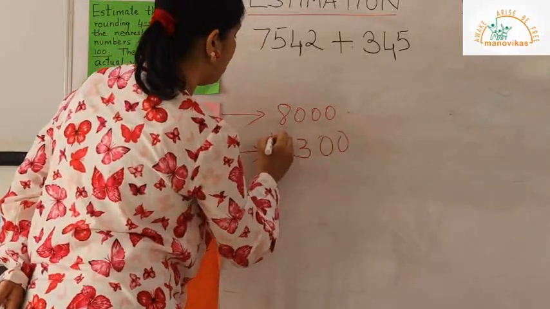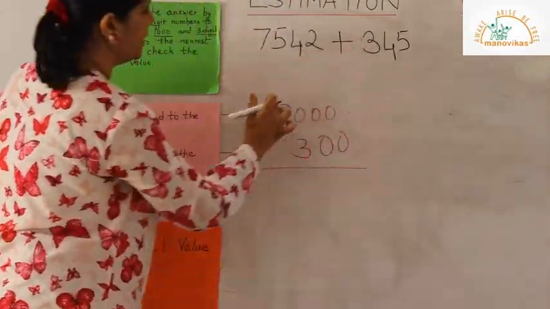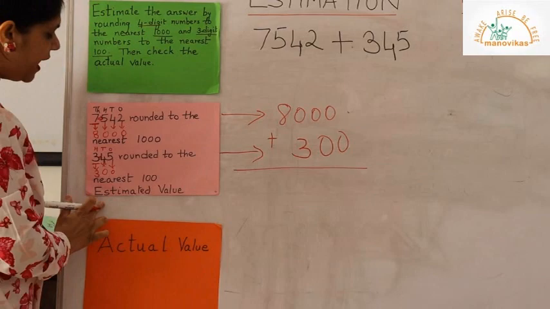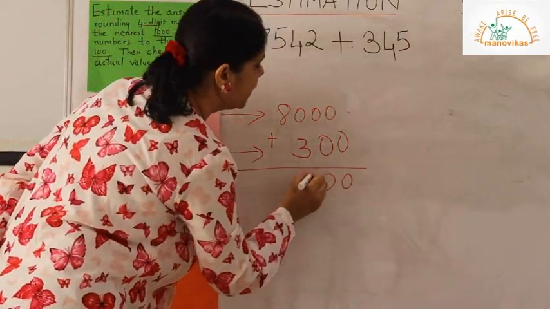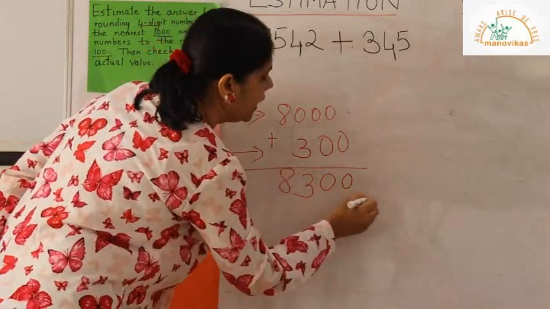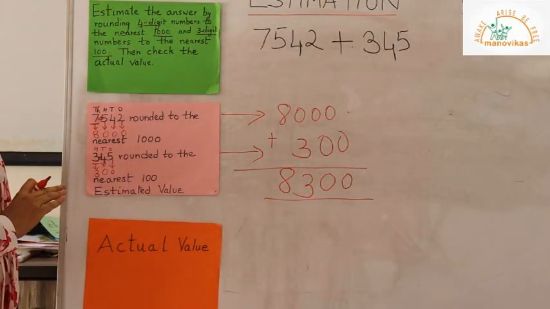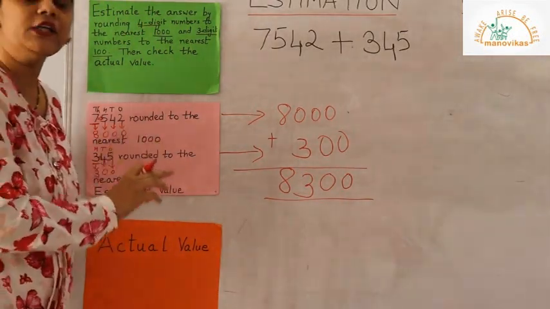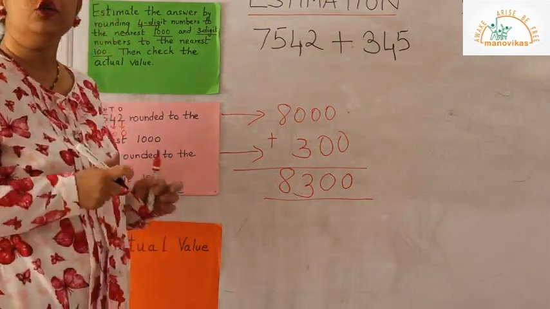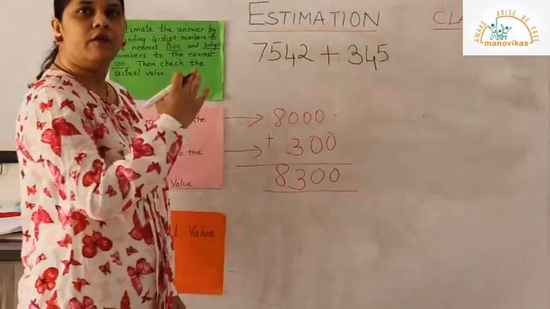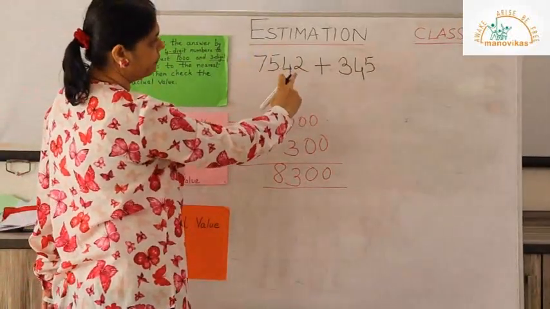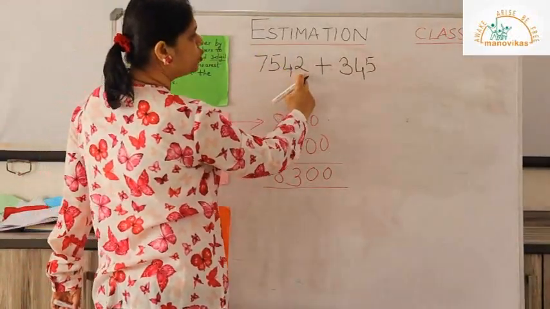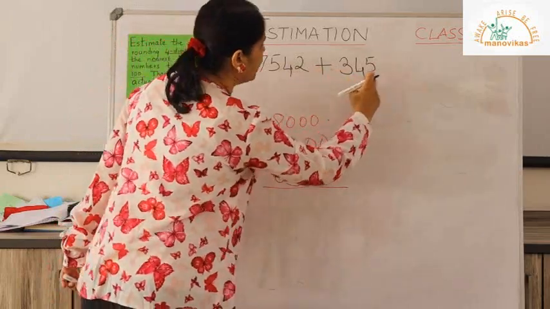300. Now we need to find the sum, that is, we need to add and find the estimated value. So what will be the answer? 8,300. Now we will check the actual answer. What are we going to do to find the actual answer? We will add the original numbers, that is, the exact numbers which are given, 7542 plus 345.